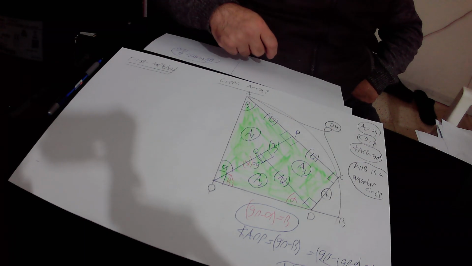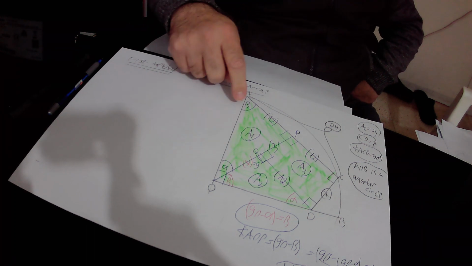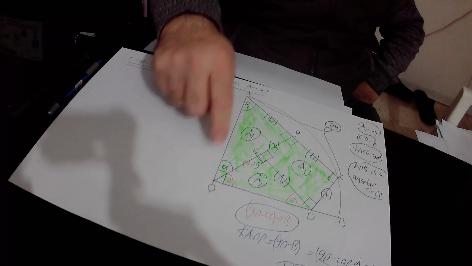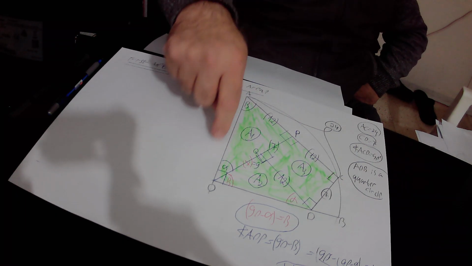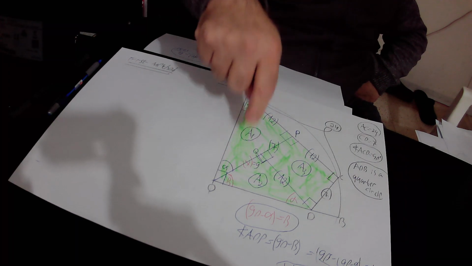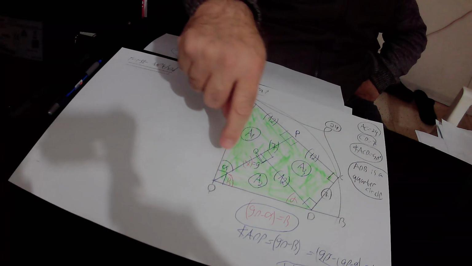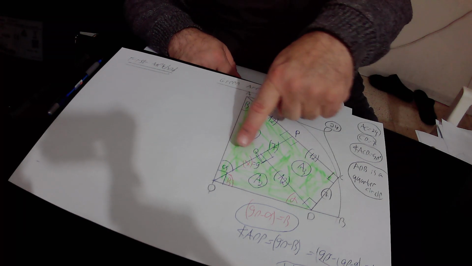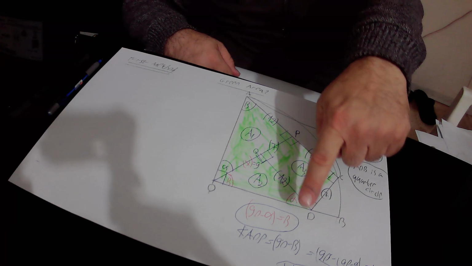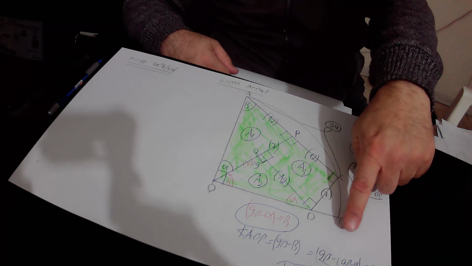Okay, then what is the size of this angle? What is the size of angle AOP? This angle must be equal to the big angle AOB minus angle beta. Angle AOB is 90 degrees, so the missing angle AOP must be equal to 90 degrees minus beta.